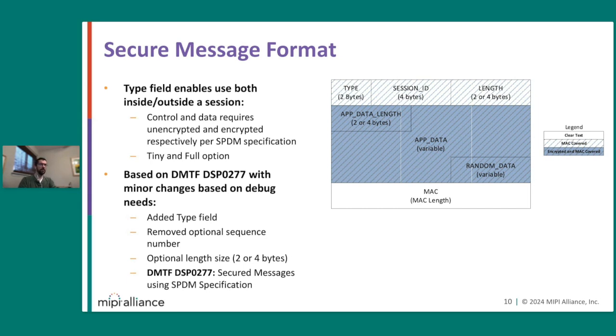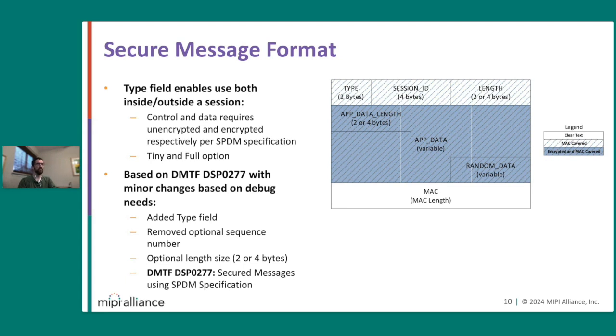One was a type, and that was one of the really key aspects, because this type lets us have control and data. And control here is the secure session control. Those messages need to not be encrypted to set up the SPDM secure session. So this type was really needed and didn't exist in the 277 specification.